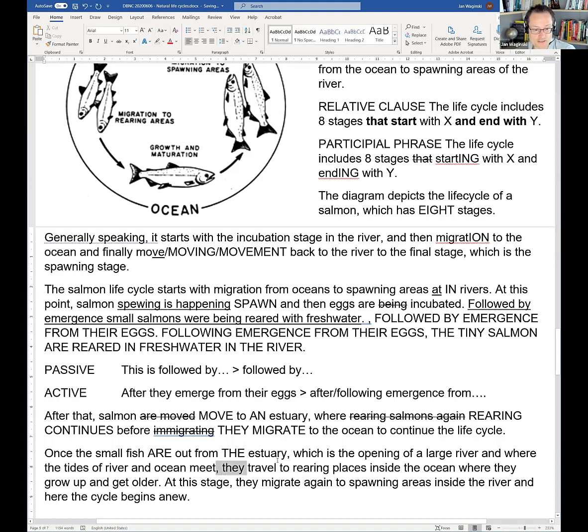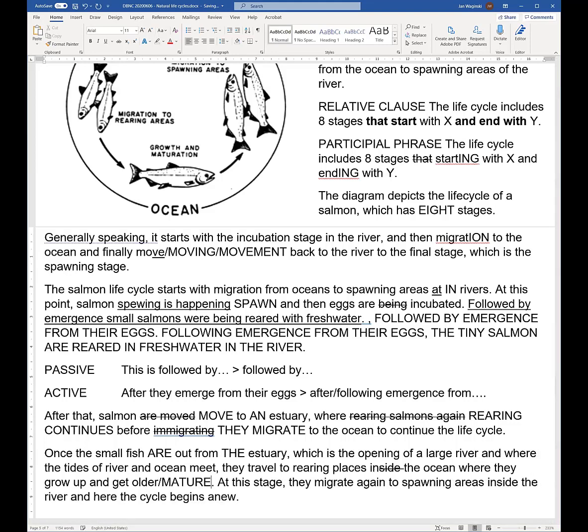So adding this detail was a good idea because it helps to increase the word count. Small fish are out of the estuary. They travel to rearing places in the ocean, where they grow up and get older. Okay. So here's in the river. Okay, good.